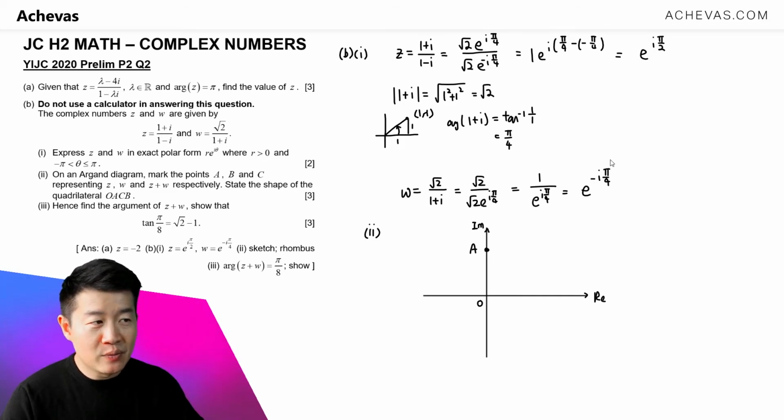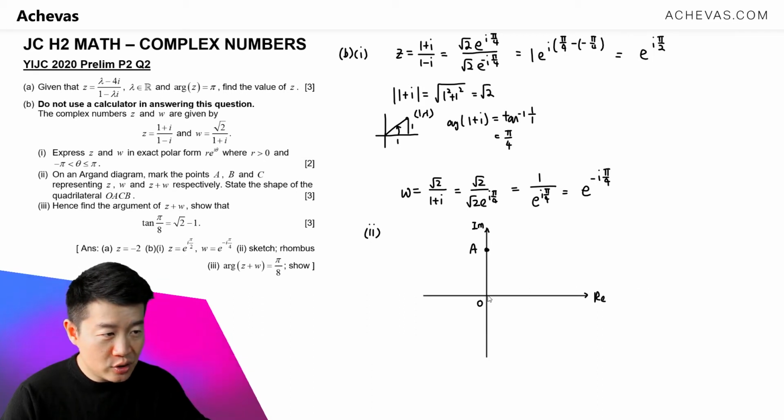As for point B, it represents w. So its argument is going to be minus pi over 4, so minus 45 degrees. Its modulus is 1, so it's going to be the same distance as OA. So let me draw a reference line from here down with a distance that is approximately the same as this.